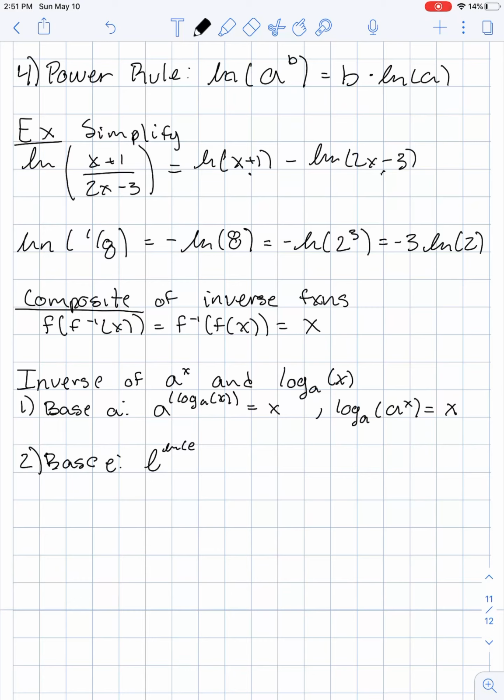We can get e to the ln of x, which is going to equal x, and ln of e to the x will also equal x.